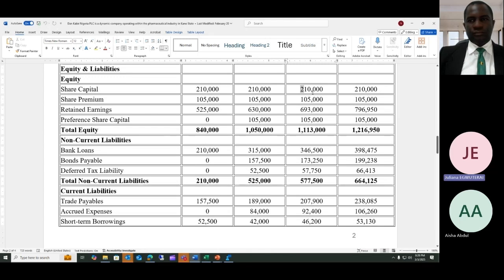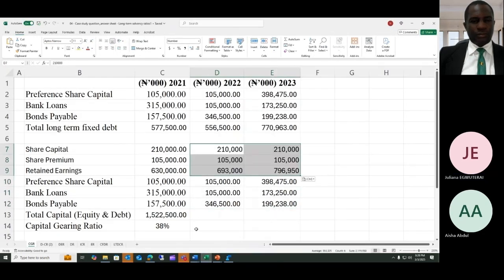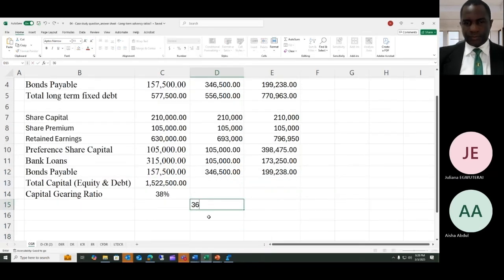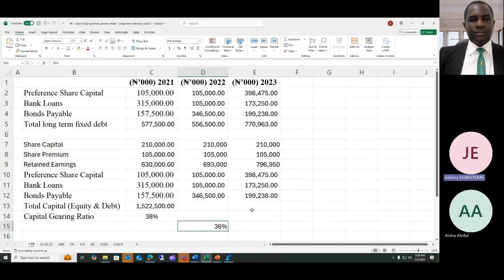For 2021, I got 35.95. That's 36%. Okay, fantastic. Is it 2022, right? That's what you're doing. 2021.